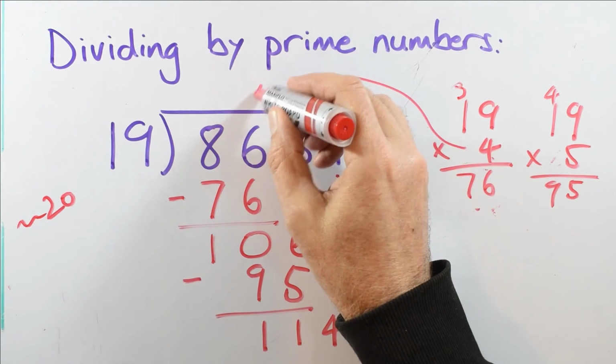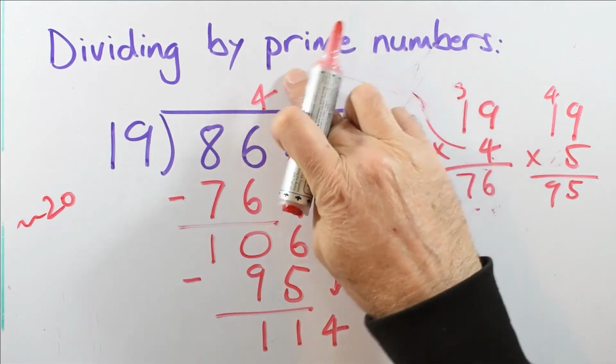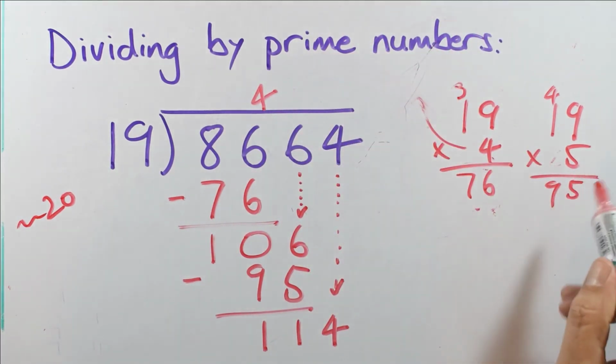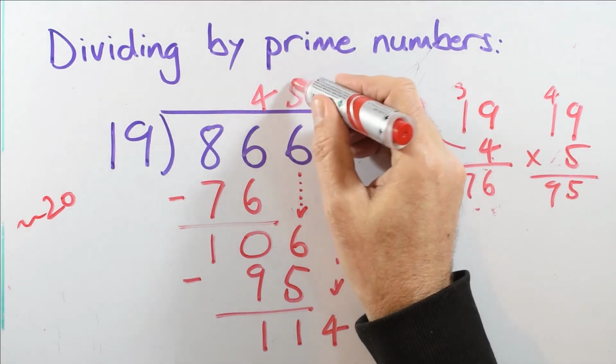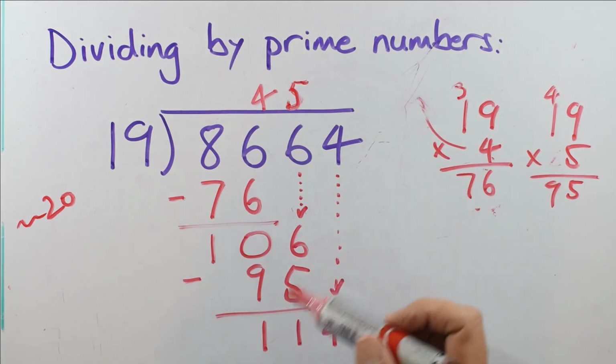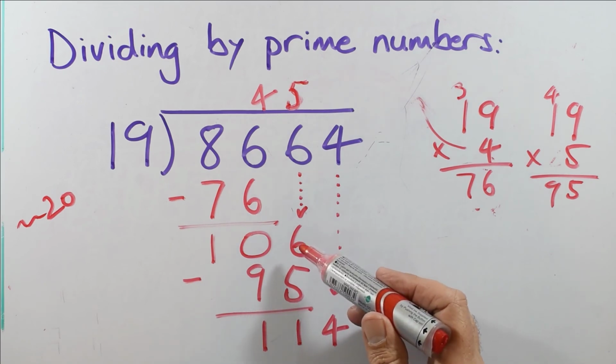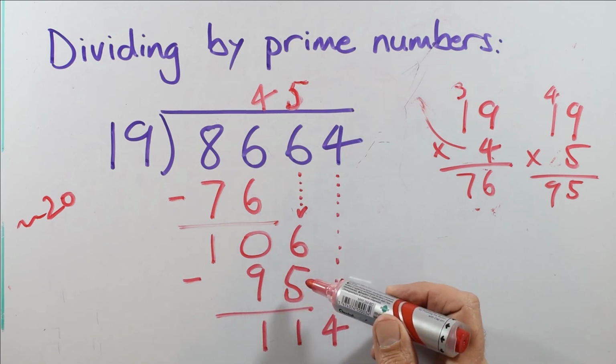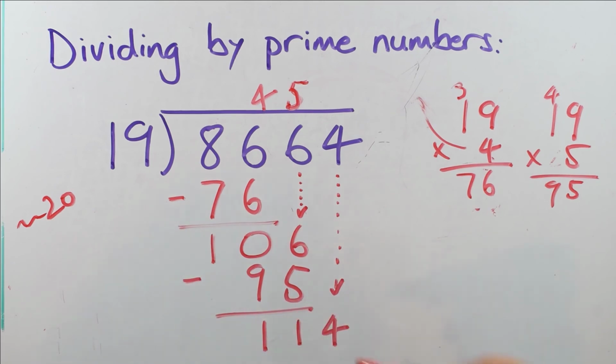So this one would go up there to 4. Get rid of that. And then this 5 goes here. That's something important to keep track of. We know that we can easily fit 5 into 106, in fact 95.